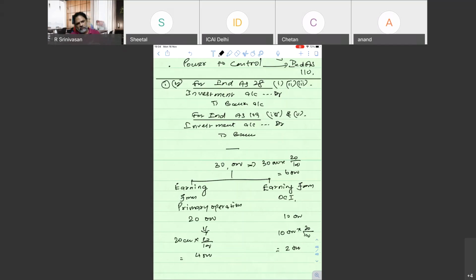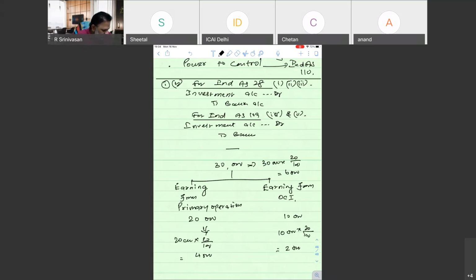So 4,000 we will be transferring, the current year profit, to profit and loss account, and the other one will be remaining in the comprehensive income. Okay, so this is what we'll be doing here.